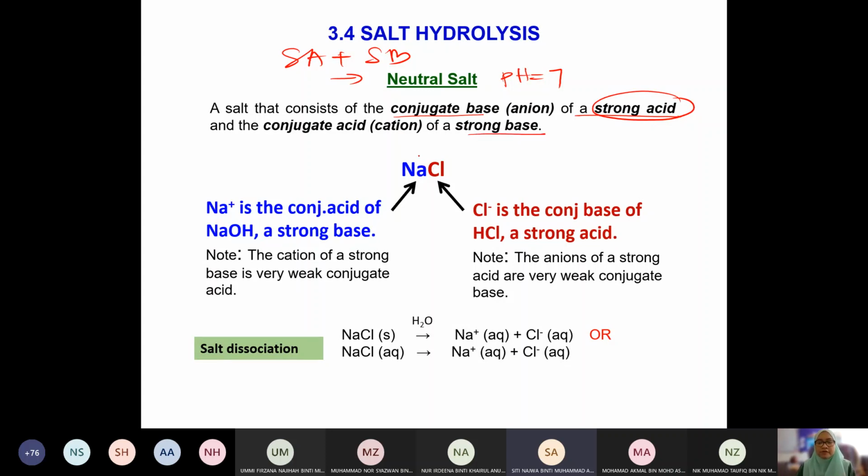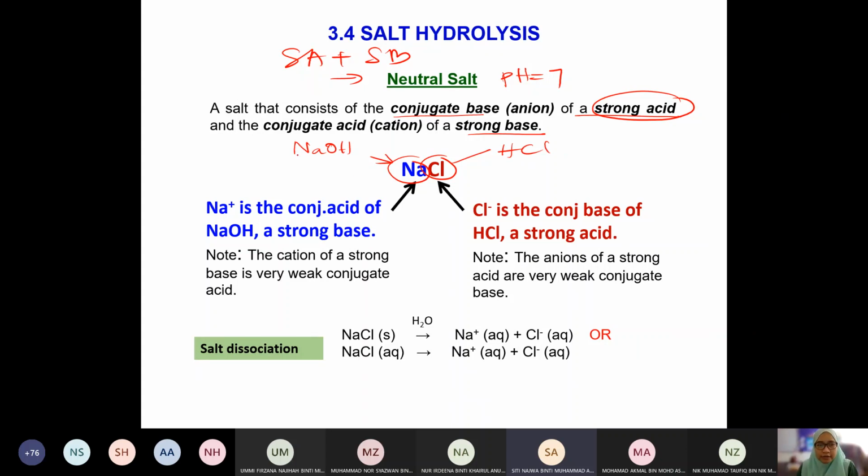Take for example sodium chloride. Sodium comes from sodium hydroxide. Chloride, on the other hand, comes from HCl, a strong acid.